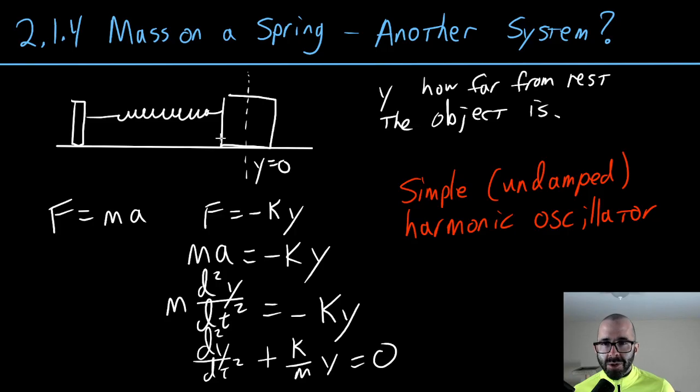We've all played with springs, I think. That would be a damped harmonic oscillator, and we will talk about that later in this chapter. So this is the simple version. Friction doesn't exist. You pull it and release it, it's going to go bong, bong, bong, bong, bong forever. And this is the model that governs that.